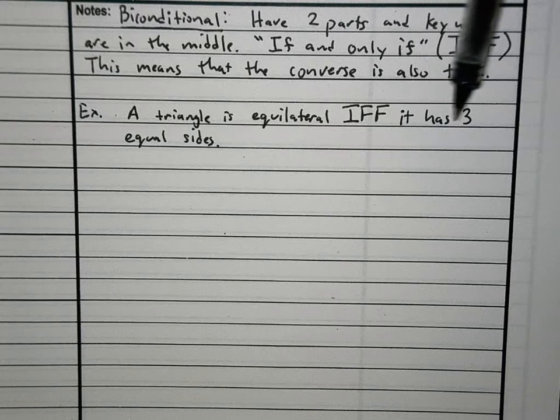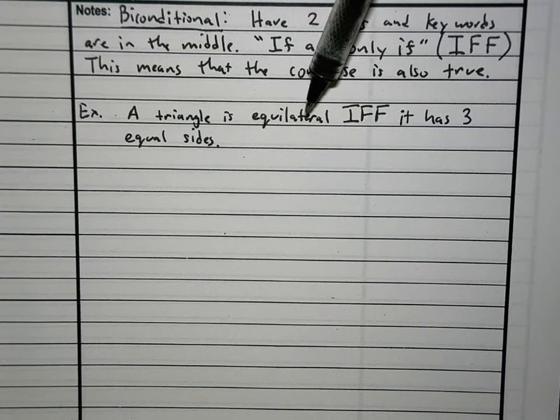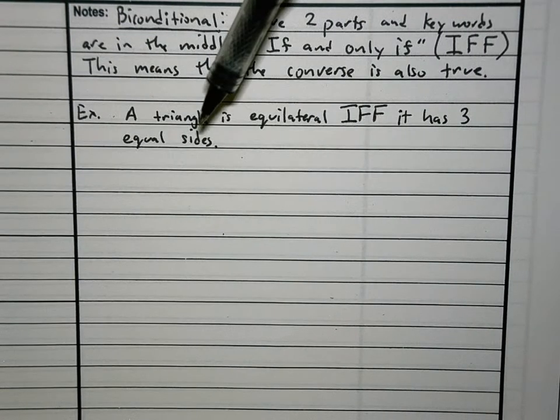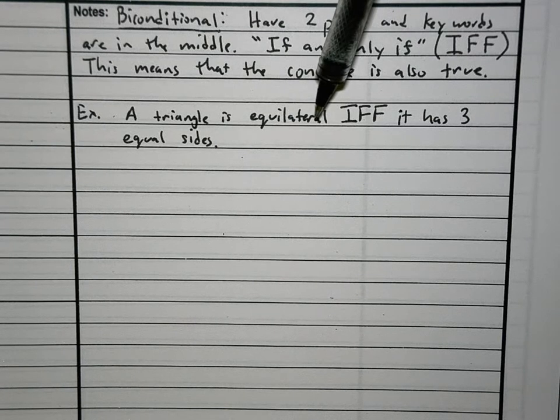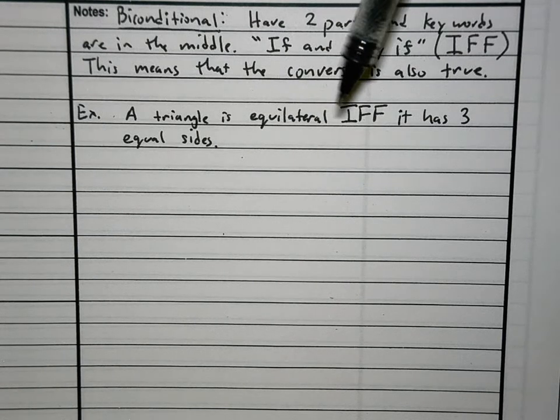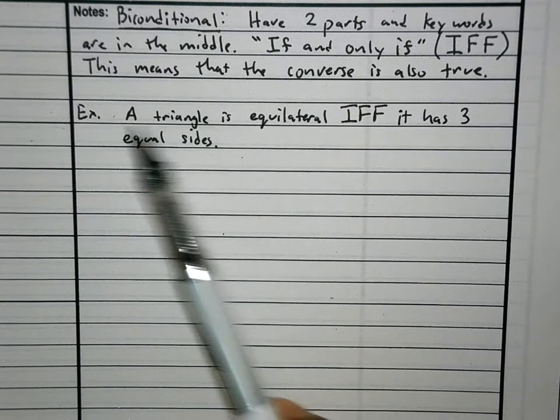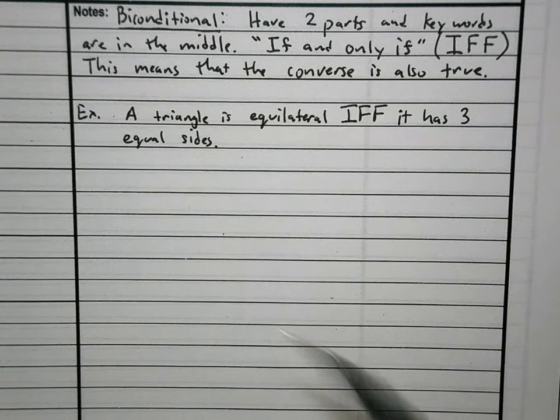If it has 3 equal sides, then it's equilateral. Does that make sense to you? If a triangle has 3 equal sides, then it is equilateral. Is that true? If it's true going this way, or if the converse is true, then this is a true biconditional statement.